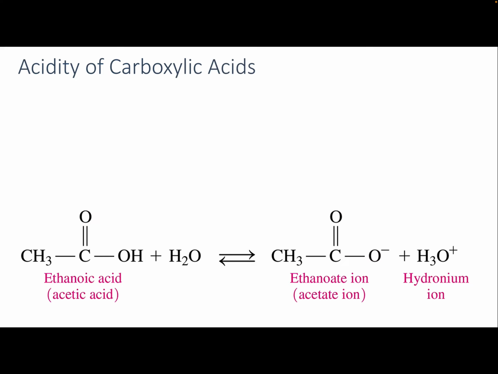Carboxylic acids are also weak acids. They're not strong acids, meaning that most of the time, if we put an acid into water, it doesn't completely convert into this. The majority of it, this is just to give you an idea. At equilibrium, we may have 10% ionized ethanoic acid and 90% just still unionized.